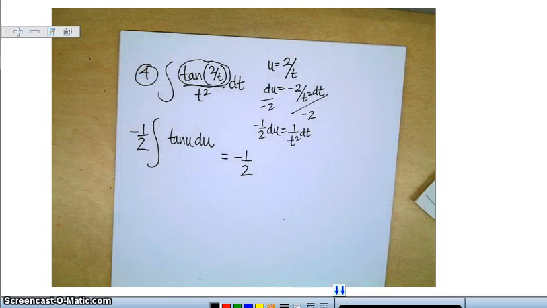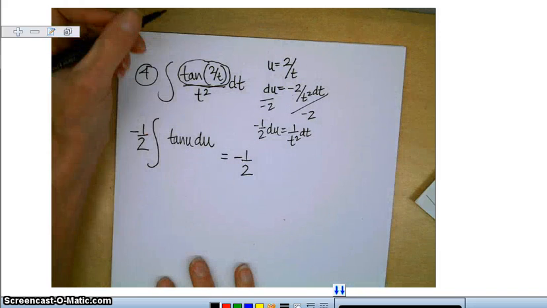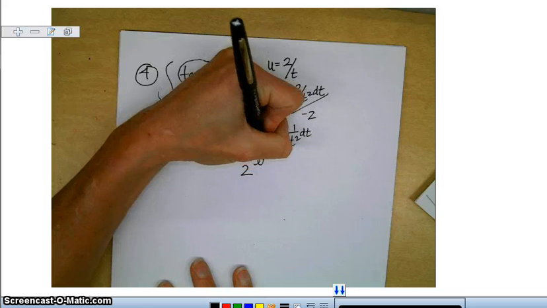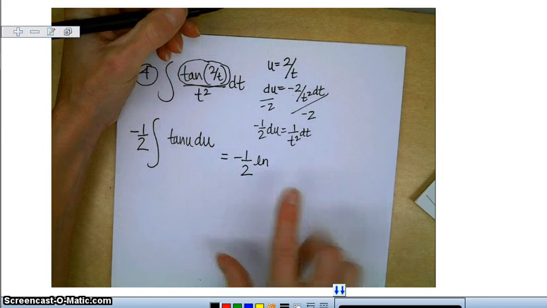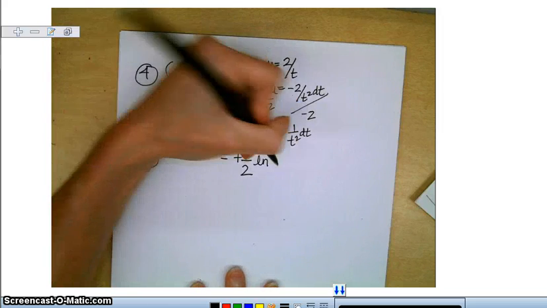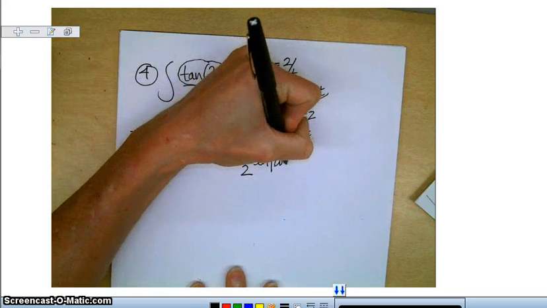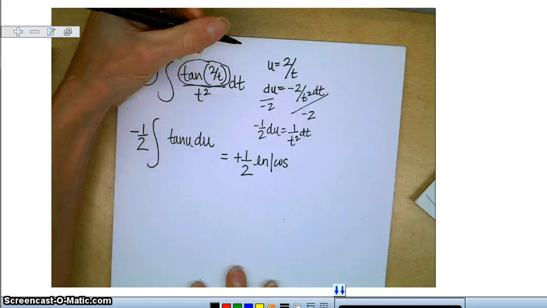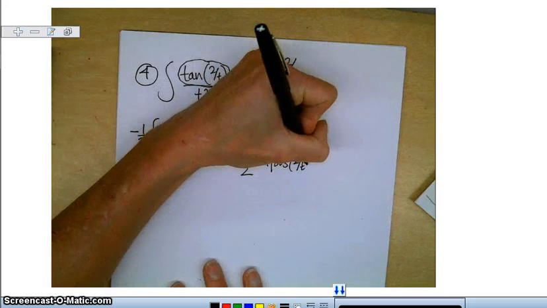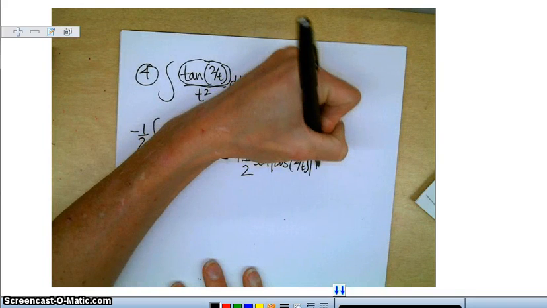So the integral of the tangent of u is what? Negative natural log. Okay, so the negative natural log will actually make that into a positive 1/2 natural log of the absolute value of the cosine of u. What was our u? 2 over t, plus c.